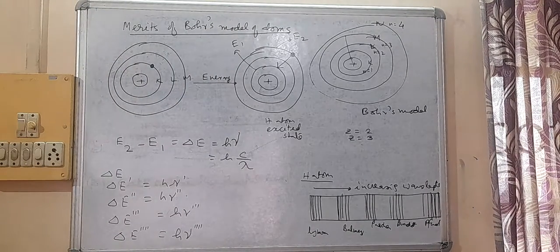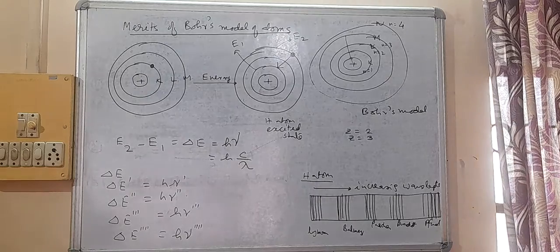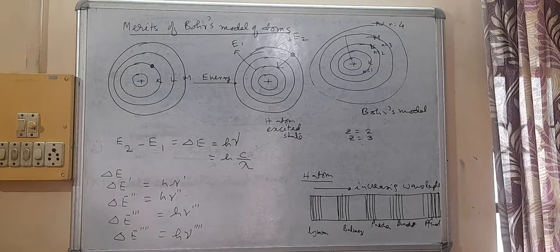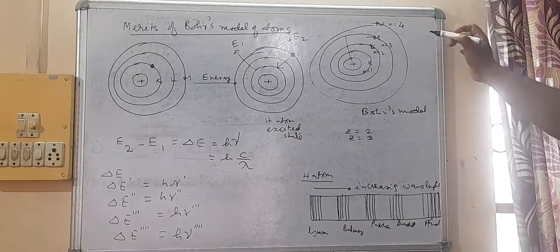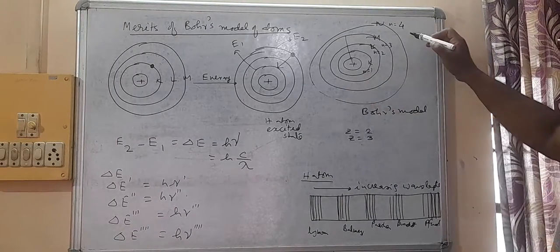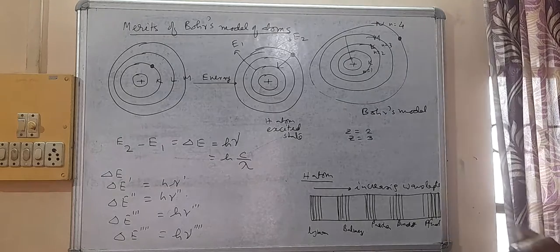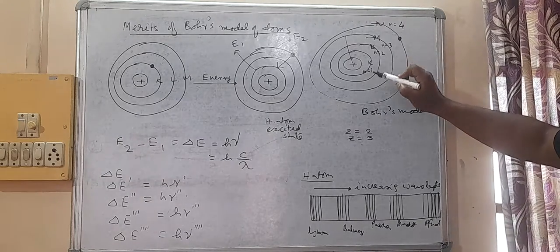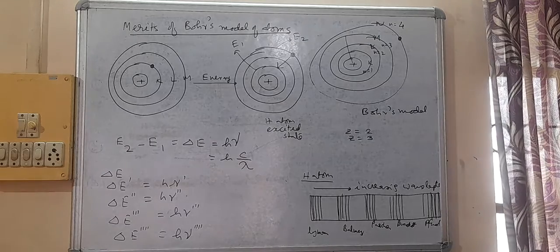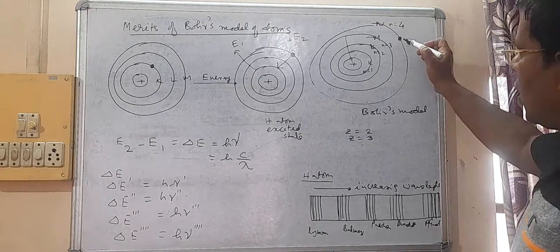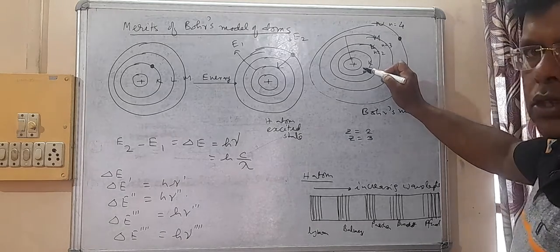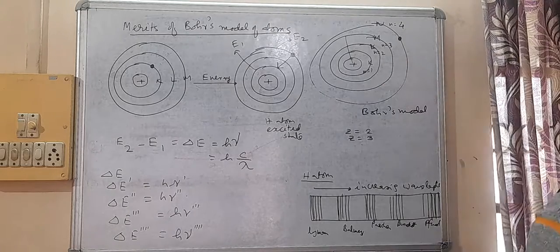One more thing that we should take into account is that when an electron has been excited to, say, the fourth quantum level, it will come back to the first quantum level again, and energy will be emitted.